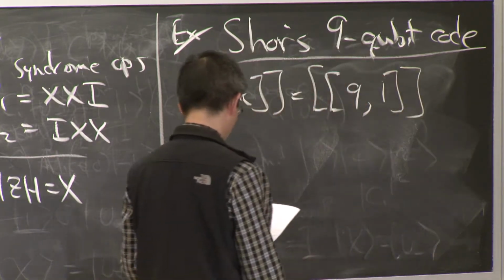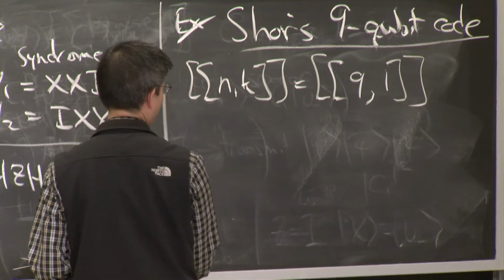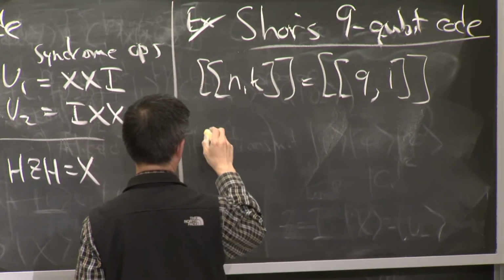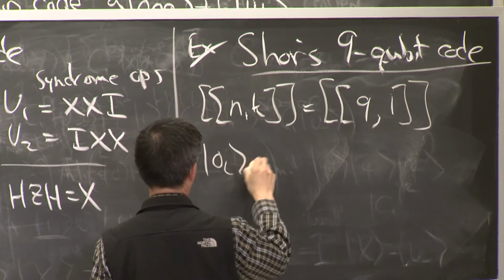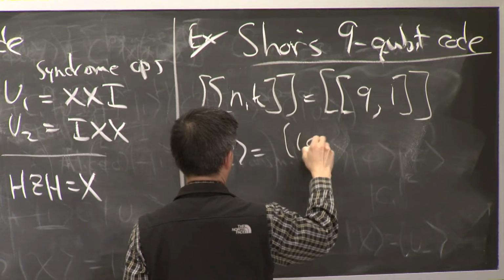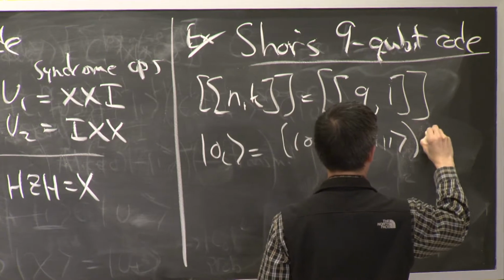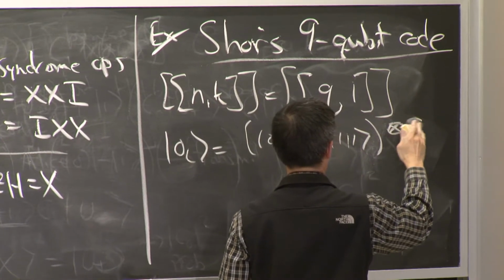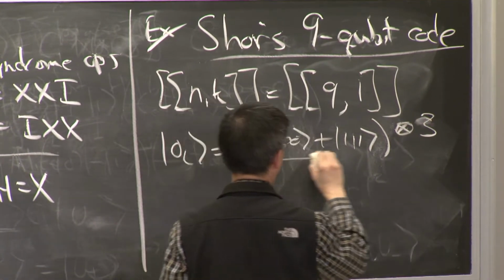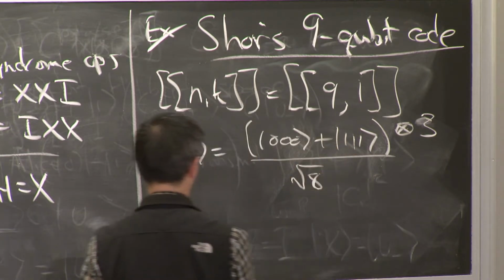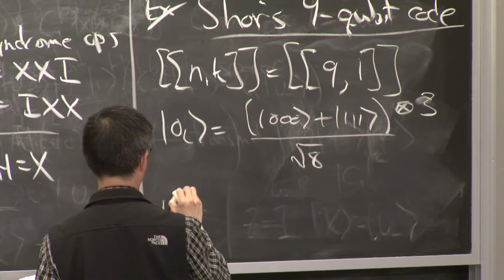OK? So the code words of the Shor code are these. Logical 0 is 0, 0, 0 plus 1, 1, 1, tensored 3 times, normalized by square root of 8.